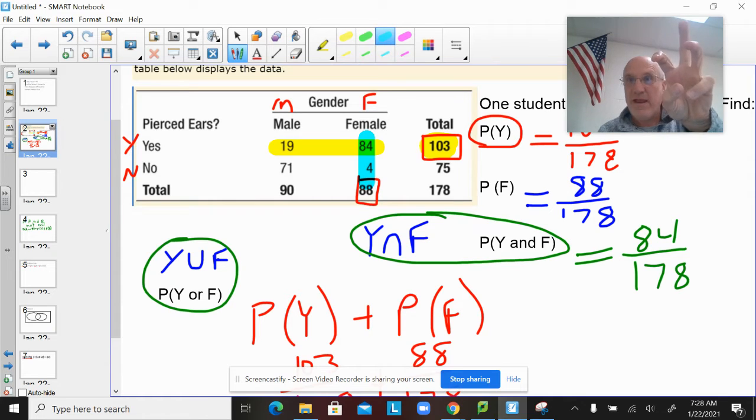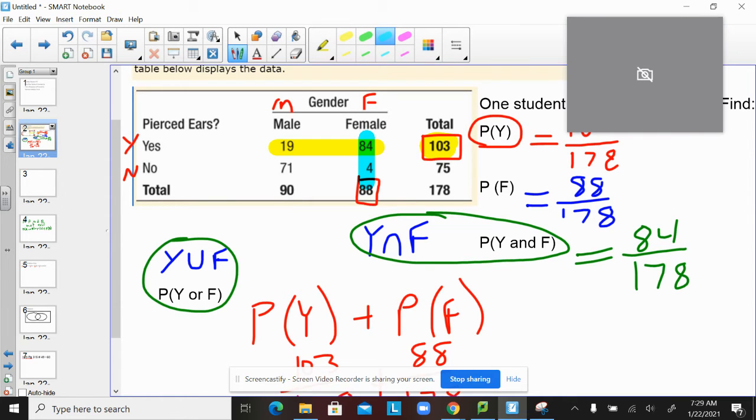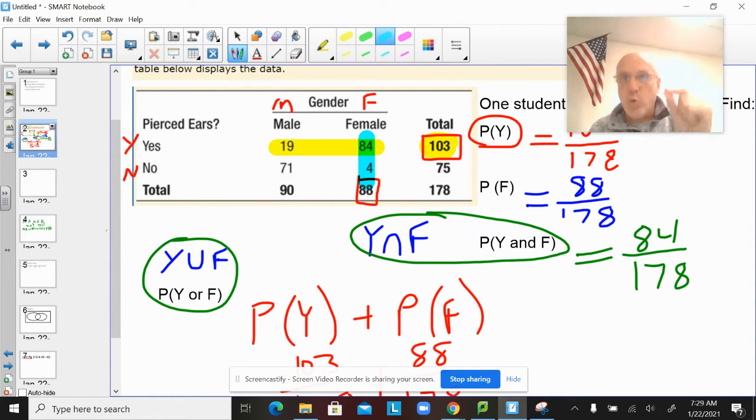That 84 there, if I add 103 and 88, that double counts the intersection. Those 84 people who happen to be the intersection, they do count, but I don't want to count them twice.